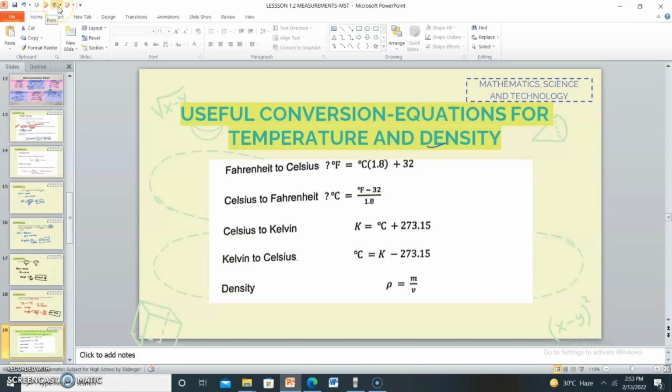Next are the useful conversion equations for temperature and density. So, Fahrenheit equals 70 degrees Celsius times 1.8 plus 32, which is the same as the other formula: Fahrenheit equals 9 over 5 degrees Celsius plus 32. So this is the empirical formula.